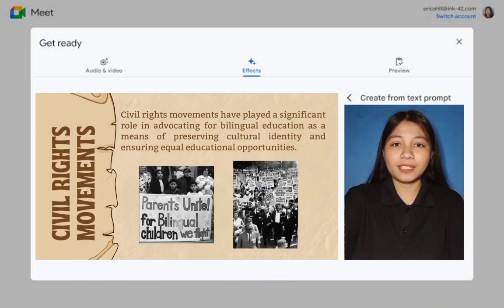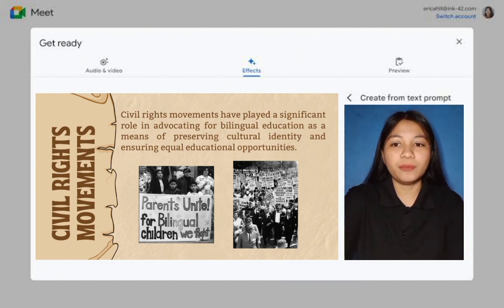Civil rights movements have played a significant role in advocating for bilingual education as a means of preserving cultural identity and ensuring equal educational opportunities. In the 1960s, this movement brought attention to the educational inequalities faced by minority students, including those who spoke languages other than English.